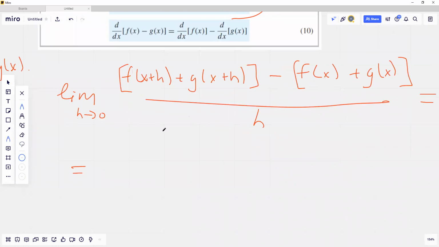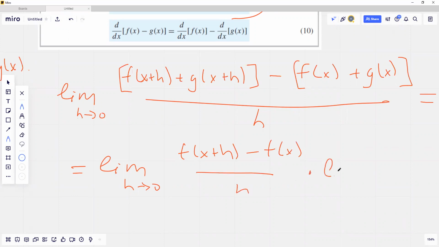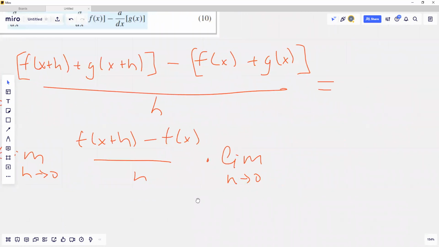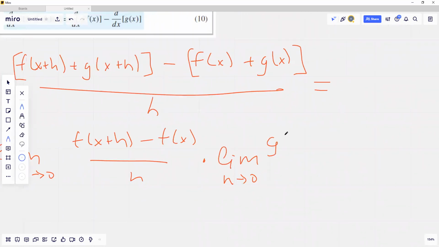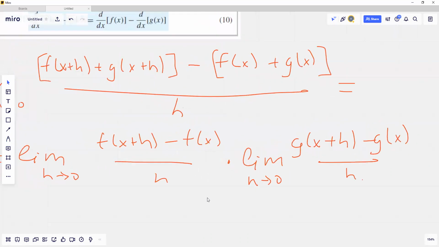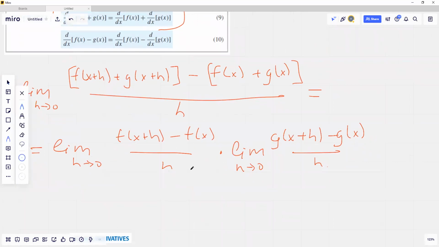Then let's group these terms up as follows. So f of x plus h minus f of x divided by h, plus limit as h approaches 0 of g of x plus h minus g of x divided by h.